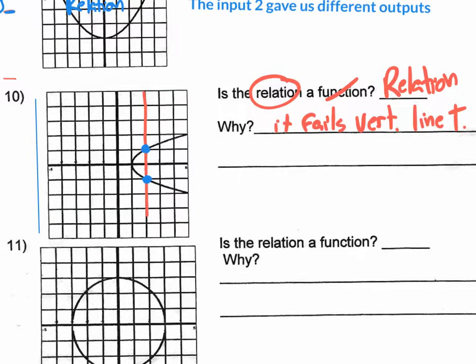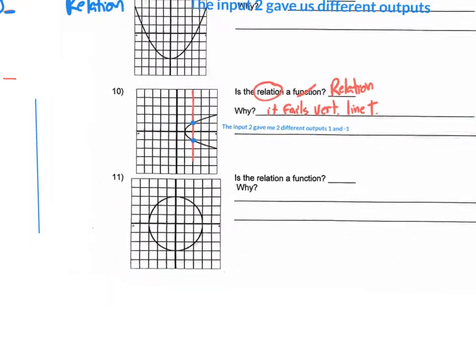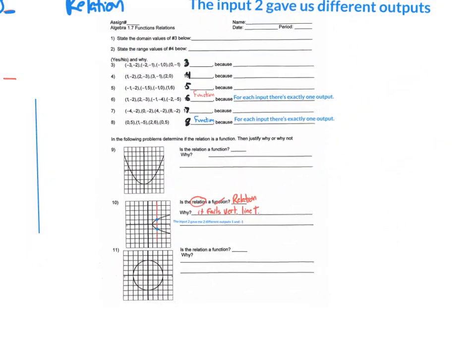It's kind of like showing off your knowledge here, right? The input 2 gave me 2 different outputs, 1 and -1. I mean, for the explanation, it fails the vertical line test, that's good enough. But you could say the input 2 gave me two different outputs, 1 and -1. That's how we know the machine's broken. So that's about it on this side for the even ones. Let's turn the page.